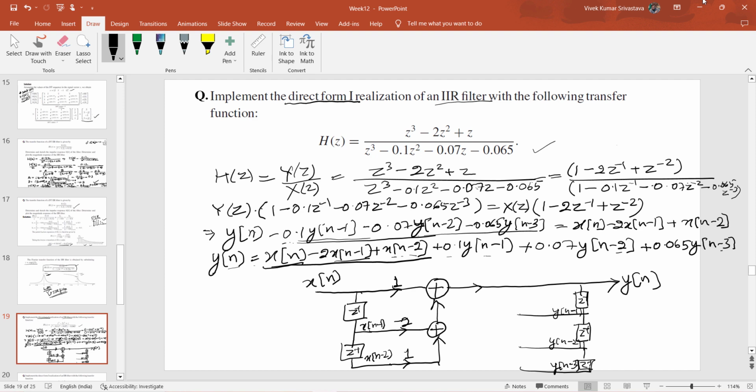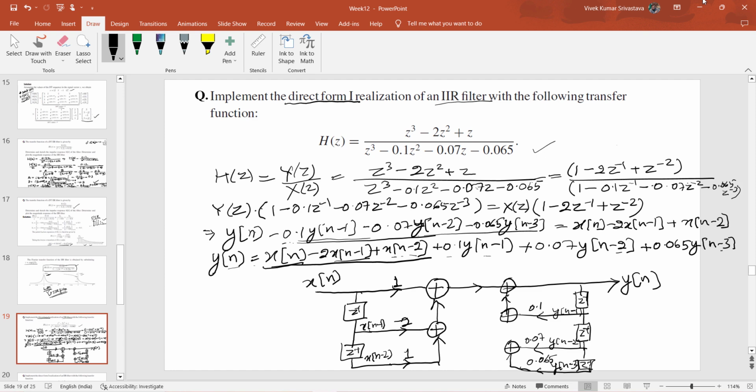Now we will multiply these with the corresponding factors, that is 0.1, 0.07 and 0.065. Then we will sum up these terms by using adders, like here.